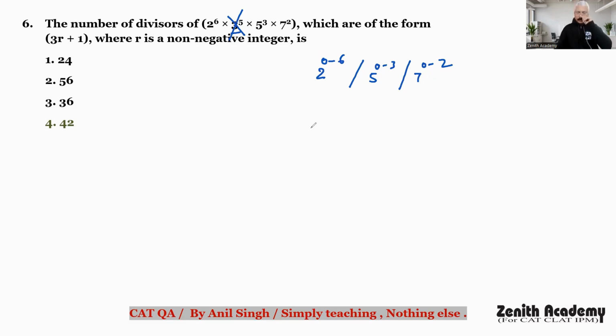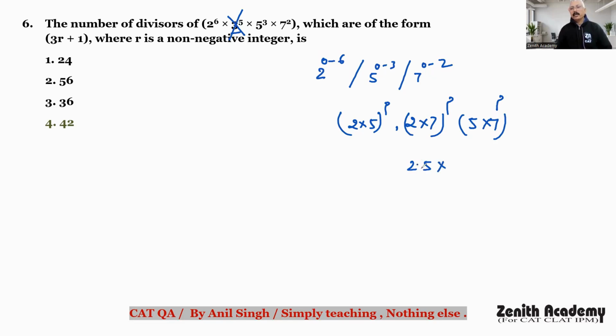Here we will check which divisors, when divided by 3, give remainder 1. Now here the combination is also possible, a combination of 2 and 5, meaning the power of 10, or it can be 2 and 7, or 5 and 7, or 2, 5 and 7 all together.